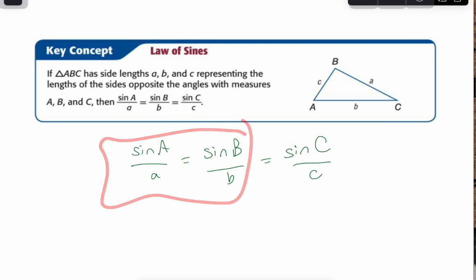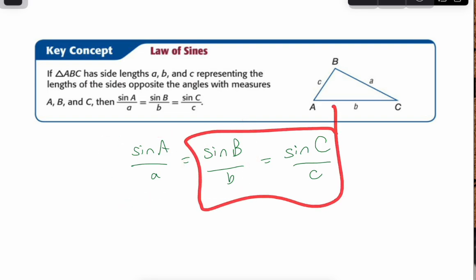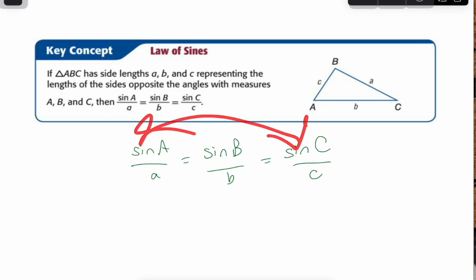So you could use those two, you could use these two, you could use these two. You can use any combination of the two to find a piece of information that you're missing from your triangle.